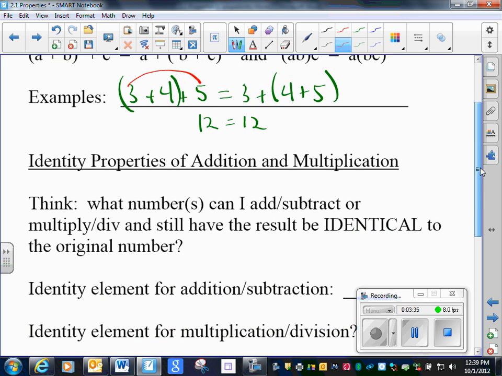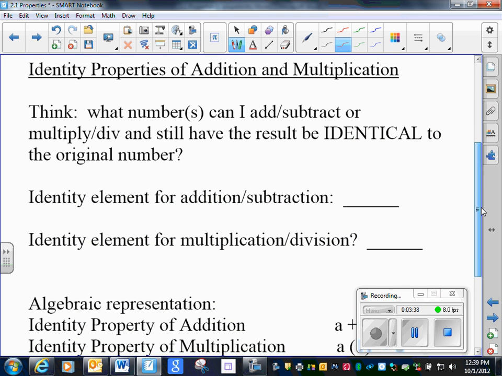Let's talk about the identity properties of addition and multiplication. When I think of identity, I think of who I am, myself. In mathematics, it means what can you add or subtract or multiply or divide to your original number and still have the result be identical, identity, to the original number. So for addition and subtraction, our identity element or number is 0.